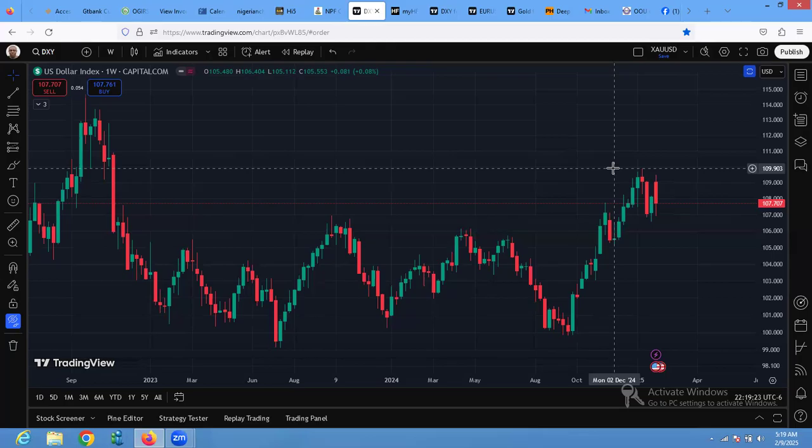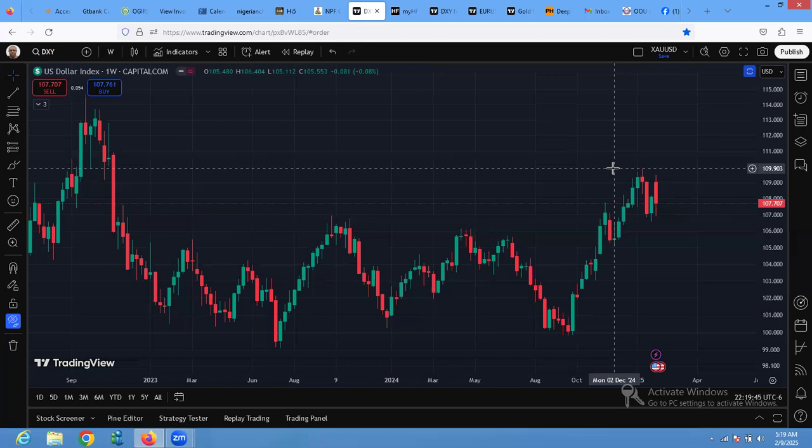So if you are going in the direction of dollar strength, that must be very temporal. So what you want to do is to look to sell off the dollar.